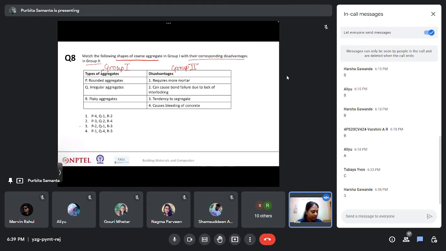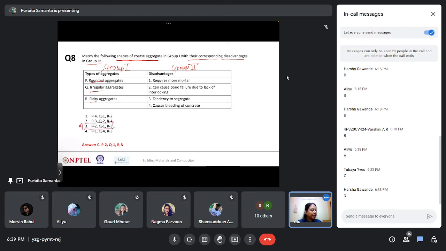I guess the answer she says is this one. So rounded, we have irregular, and we have flaky aggregates. Yes, absolutely correct, Harsha. It's third option.